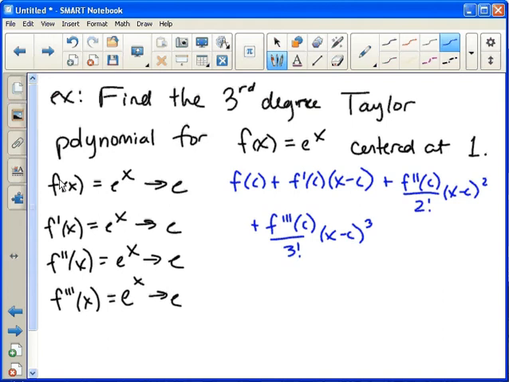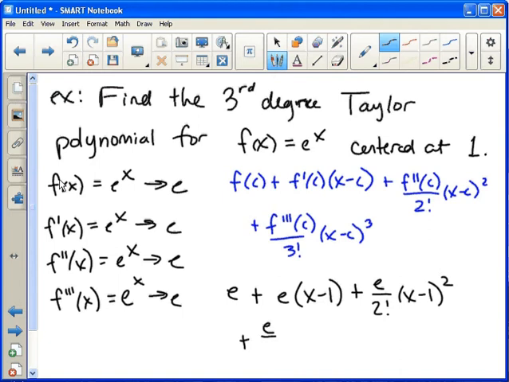Okay, so that's what we're going to be plugging into. And we're just going to be plugging e in for all of the f's because that's what we got for all of them. So we're going to end up with e plus e times x minus 1 plus e over 2 factorial x minus 1 squared plus e over 3 factorial x minus 1 cubed. And that's our answer.